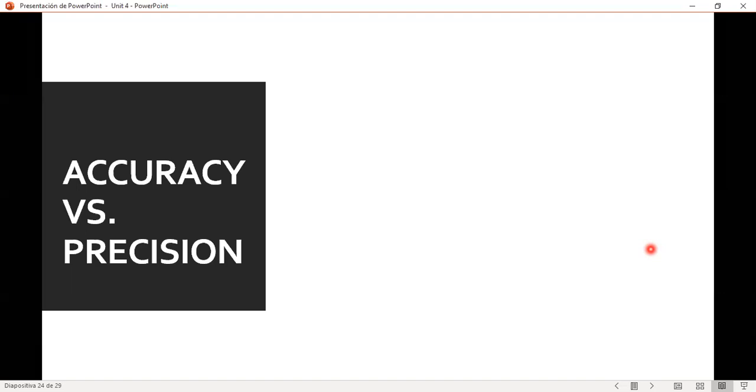Well, accuracy and precision. Maybe I understand that accuracy is when I don't have a range. I mean, I don't have minus or plus because I need one value.